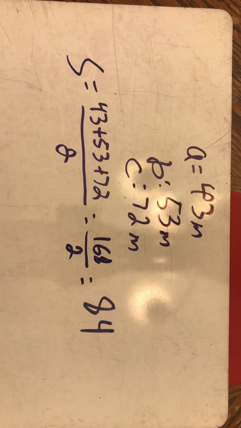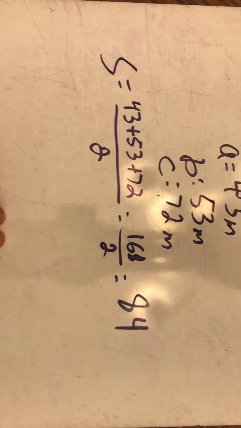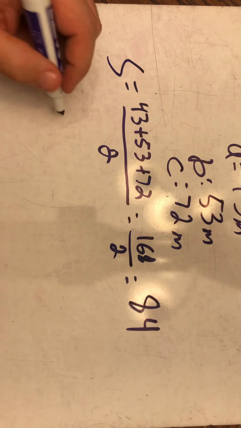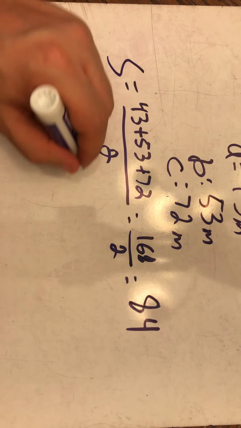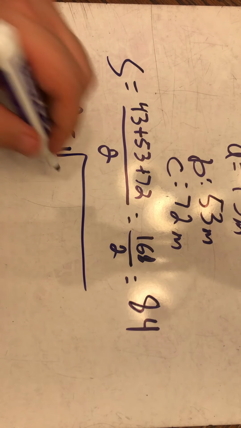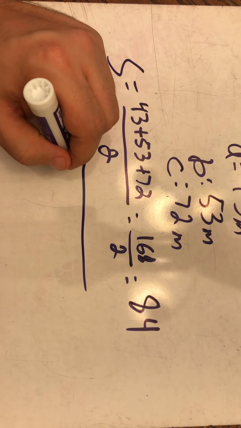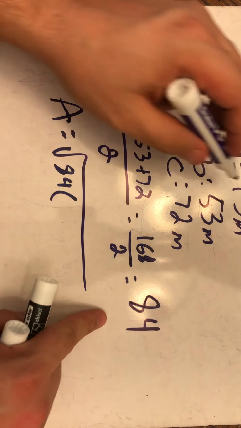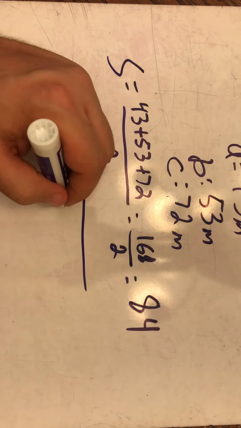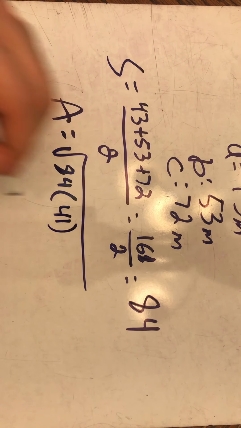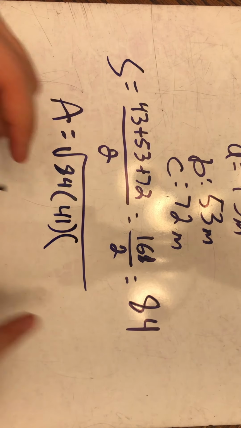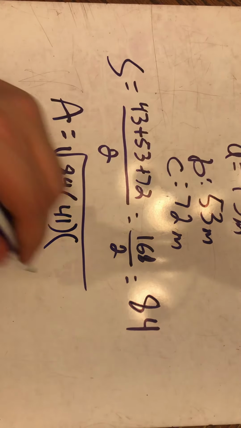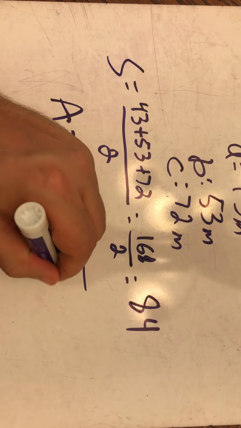All right? So now that we have our S, we know our A, we know our B, we know our C. So I'm going to go straight into the formula. Area is equal to, well, S in this case is 84. S minus A, so I'm going to do 84 minus 43, 41, times 84, so S minus B, 84 minus 53, which is 31.